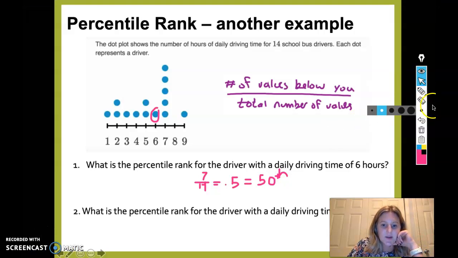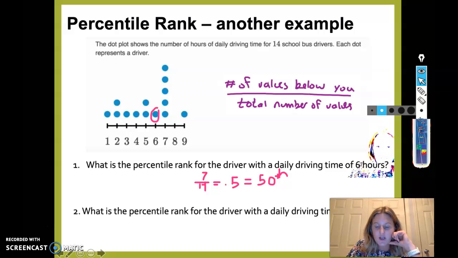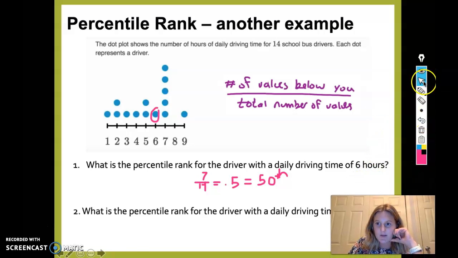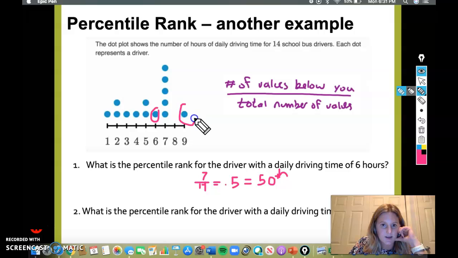This next one says, what is the percentile rank for a driver with a driving time of 9 hours? So I find the 9th dot over here, and it's the highest, right? And so we kind of already hit on this when we talked about Amelia's score, right, being the highest, and what percentile was she? Well, if this person drove the longest amount, there's 14 drivers, so that means 13 people were less than them.